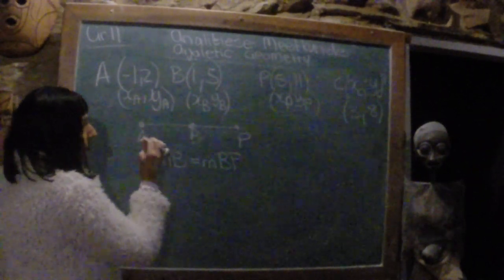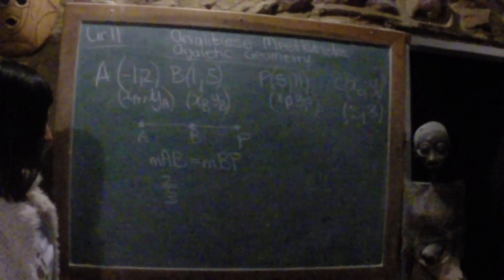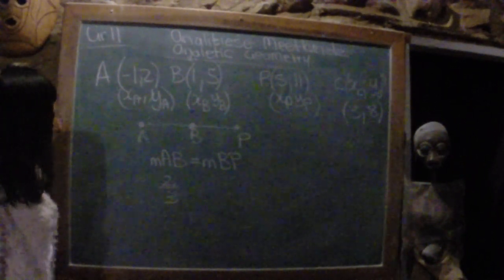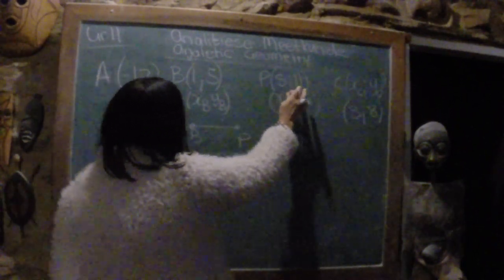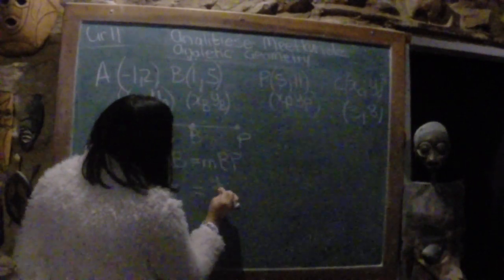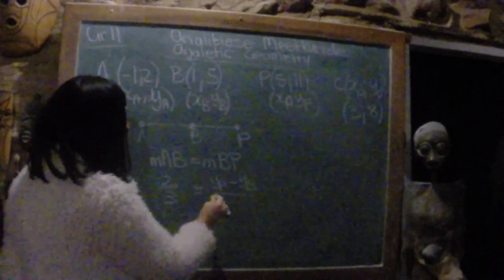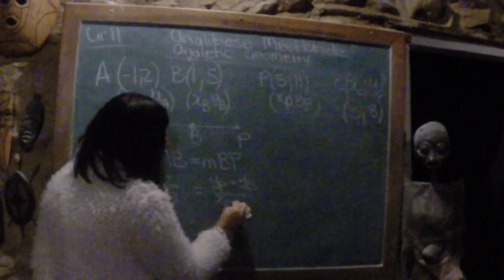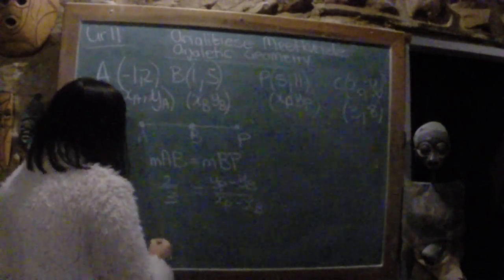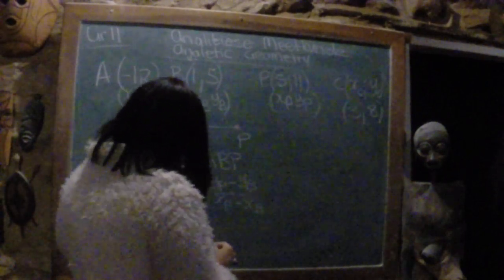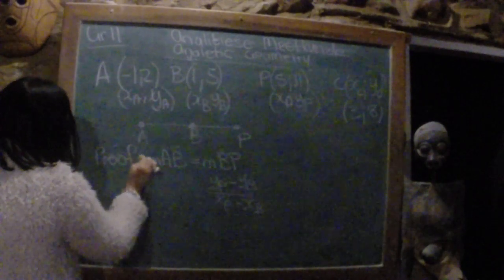So kom ons het al reeds uitgewerk dat die gradiënt van AB 2/3 is. So kom ons gaan bepaal nou die gradiënt van BP. So ek het, ons doen dit so om. YP minus YB op XP minus XB. So let's see whether this is the case. I must prove it. So ek kan nie sê dis al gelyk nie. I must prove the following.